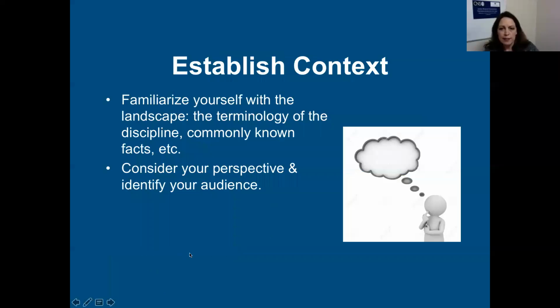As the students go into their conversations and into this new landscape, it's really important to make sure that everyone is familiar with the terminology. Each industry has its own, and each discipline has its own terminology and language, right?